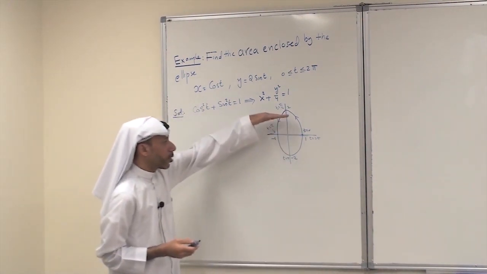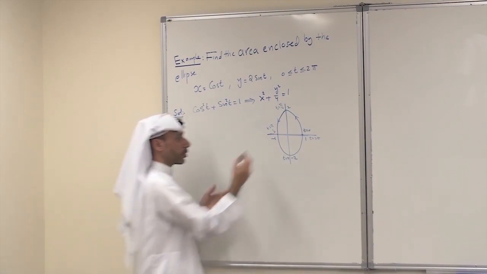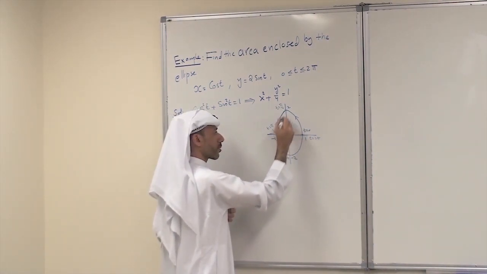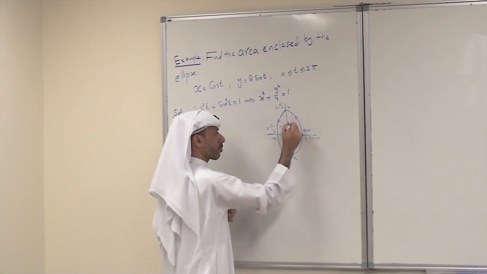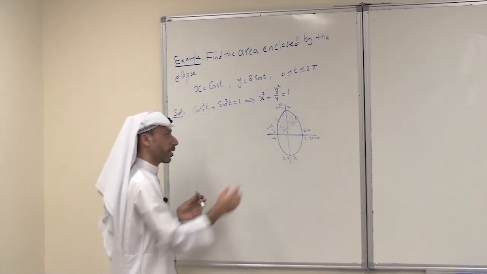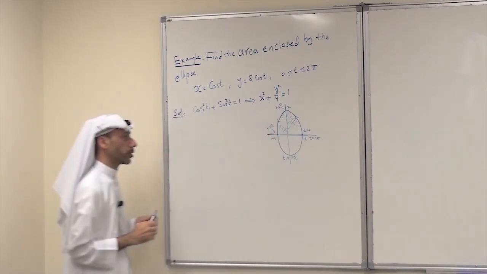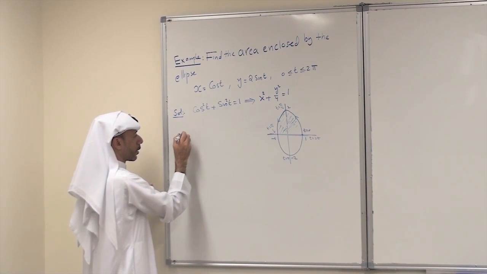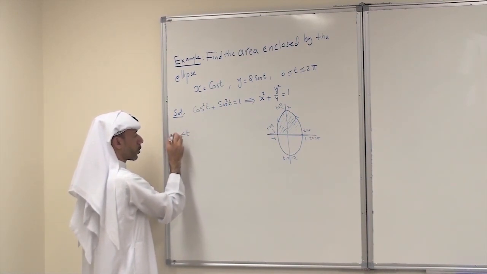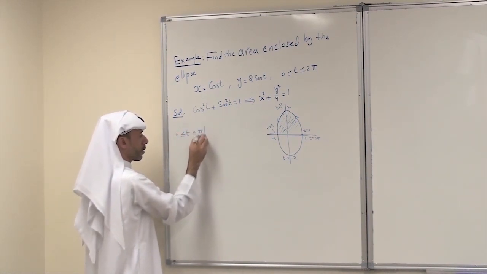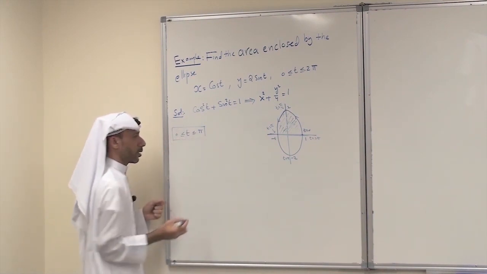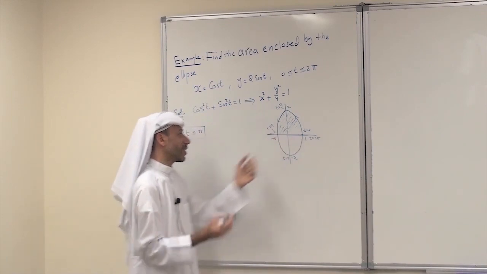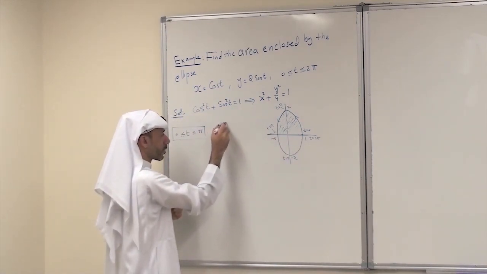Now to find the area of this region, by symmetry, I will just concentrate on the upper part, the part above the x-axis. So it is enough to find the area of this region and then multiply by 2. So this region here, t is between 0 and pi. Notice in the parametric form, through this direction, x is decreasing.